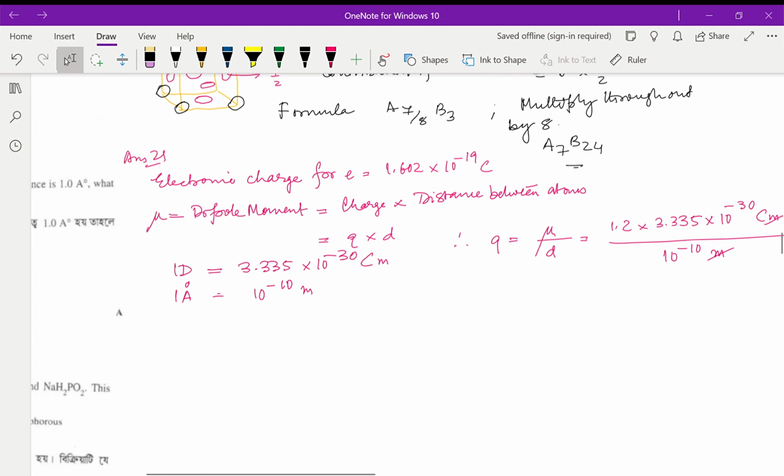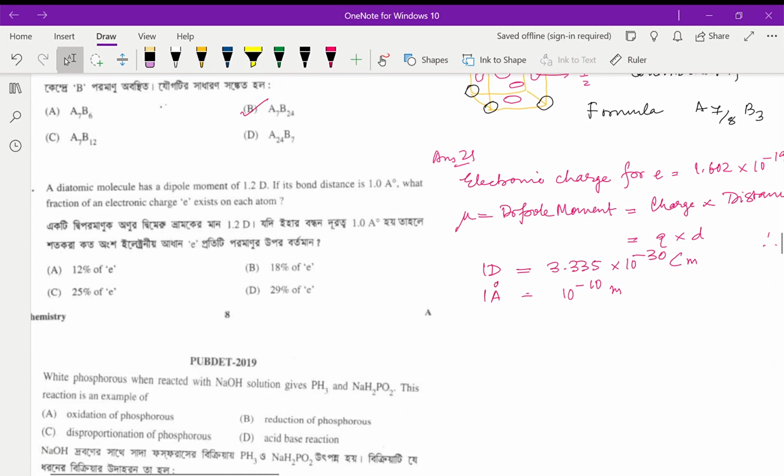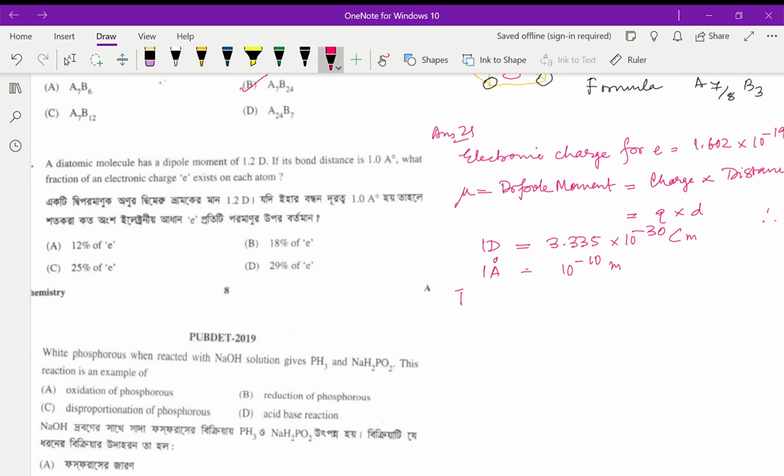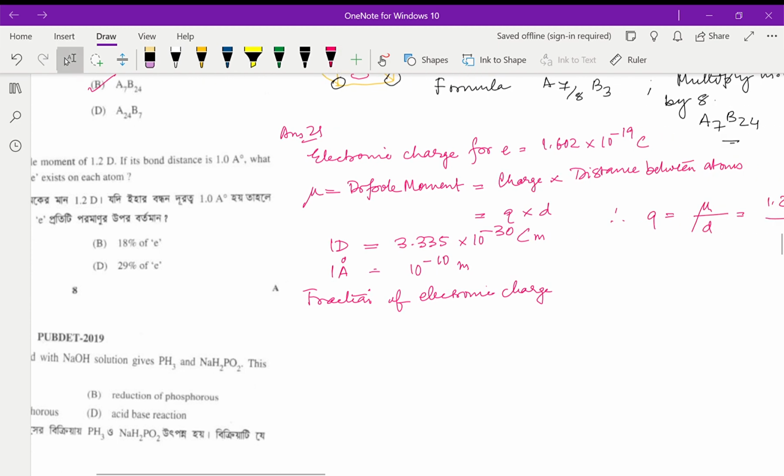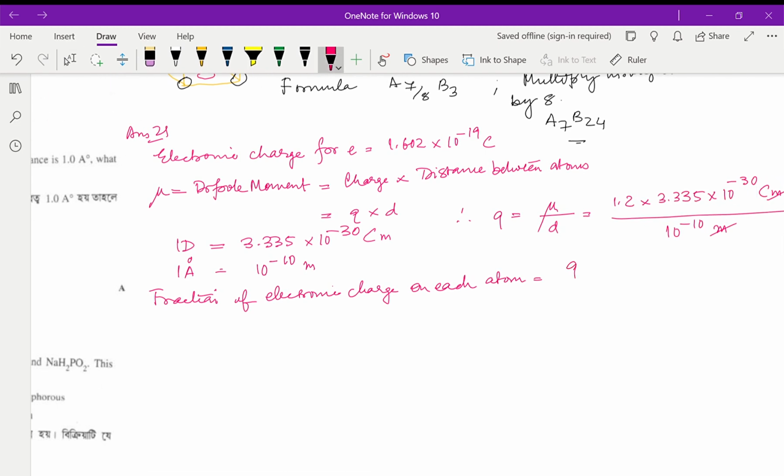Now the question is asking what fraction of the electronic charge exists on each atom. So for the fraction of electronic charge on each atom, basically it is a percentage. Finding out the percentage, we will say Q by e.